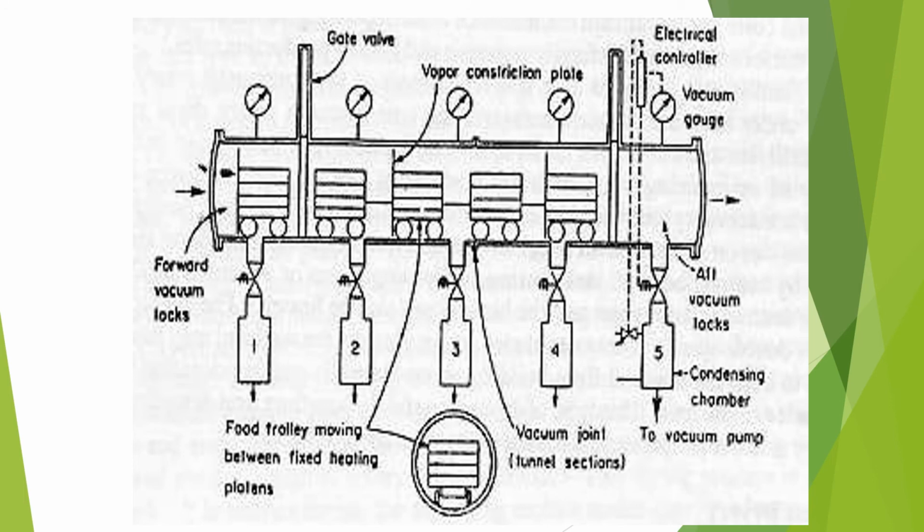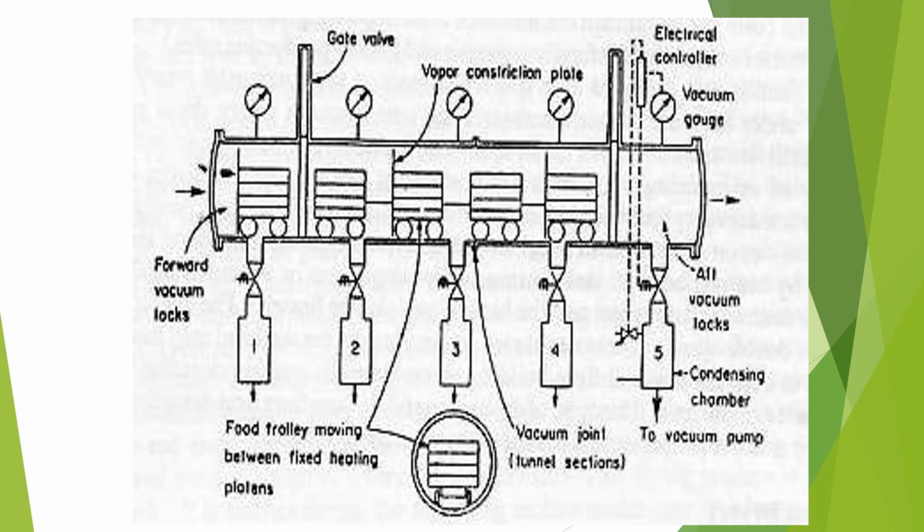The first stage will come in the diagram. Then the food trolley moving between the fixed heating points. Next, the vacuum joint, funnel section. Next, the vacuum pump. Here you can see one electrical controller and one vacuum gauge to produce the pressure, and here are 5 pans.